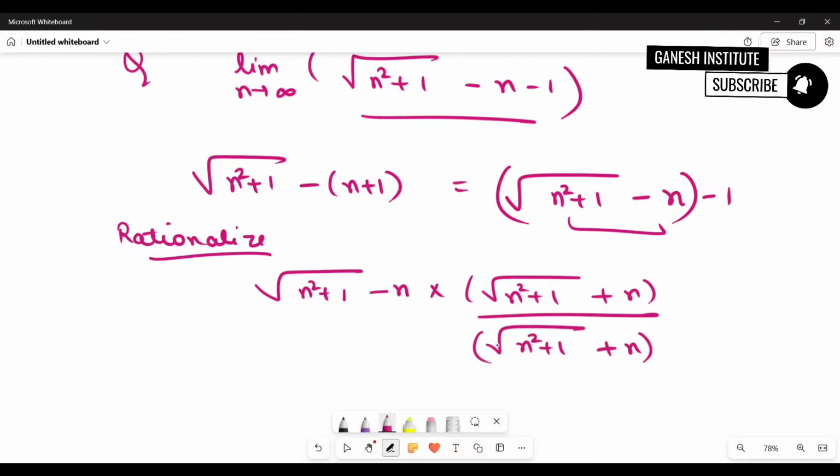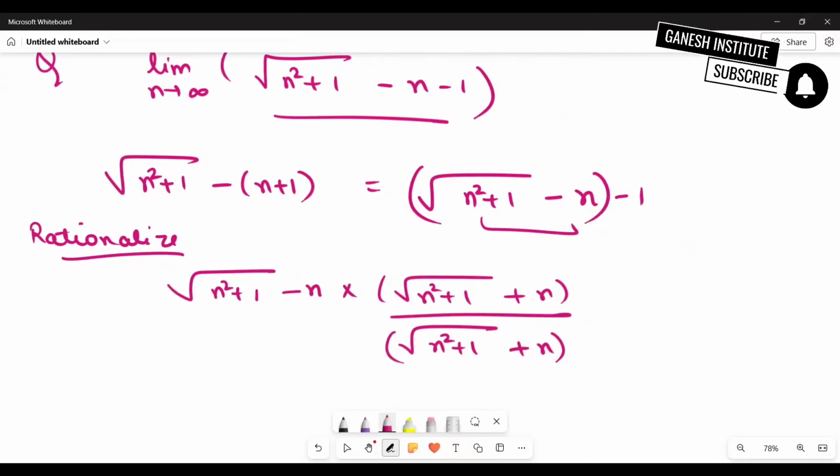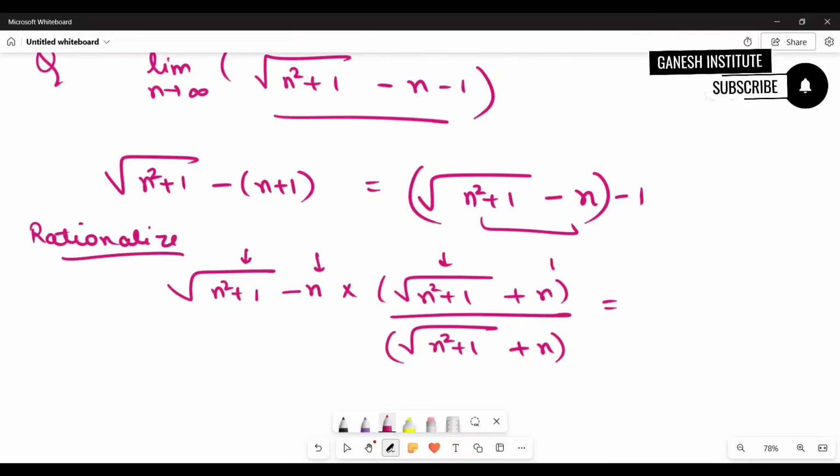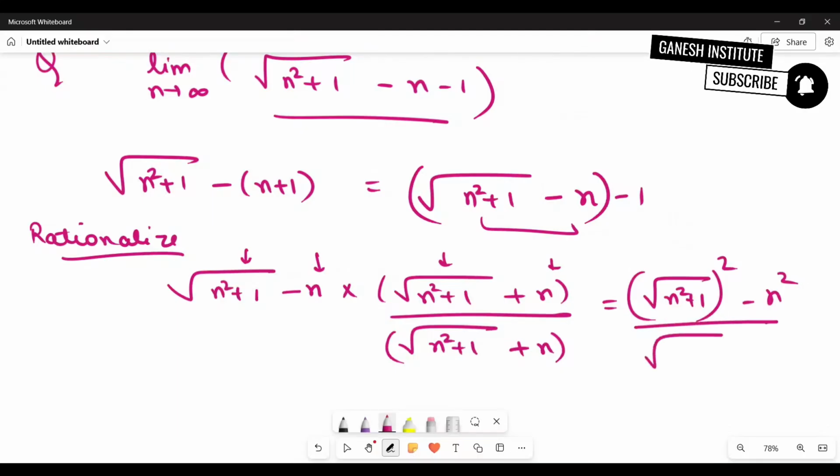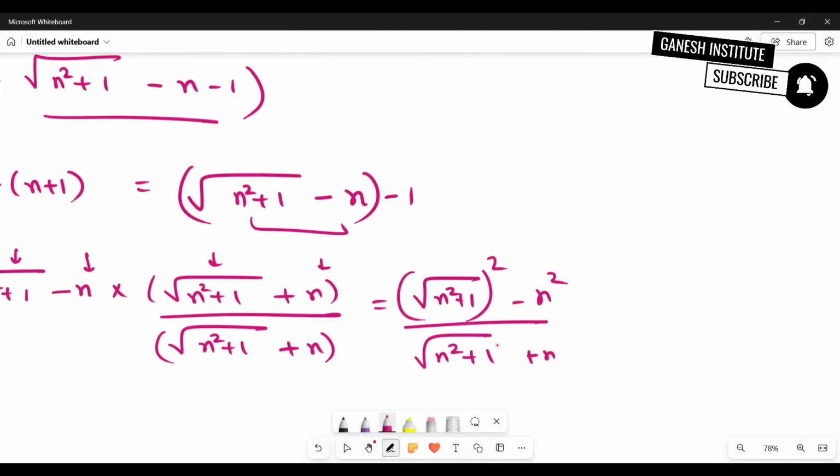So this will give you what? It is a minus b times a plus b, so the formula would be a square minus b square, which is this square minus n square, right? And it will remove the square root.